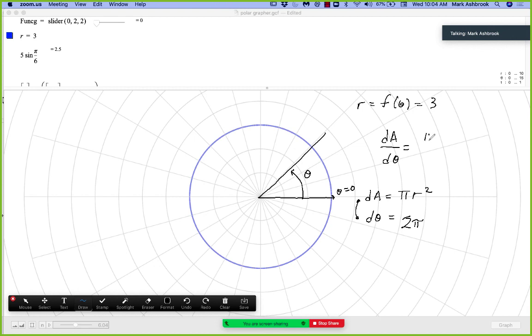So we can just set up that ratio, pi r squared over 2 pi, equals 1/2 r squared. So notice, for a constant function, the rate of change of area in polar coordinates is not the value of the function. It's something different here. It's 1/2 r squared.